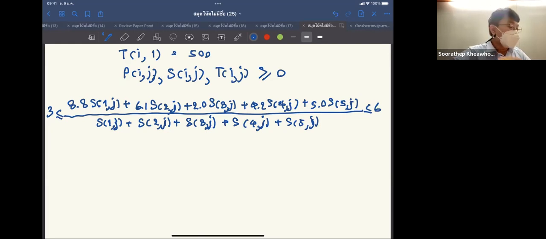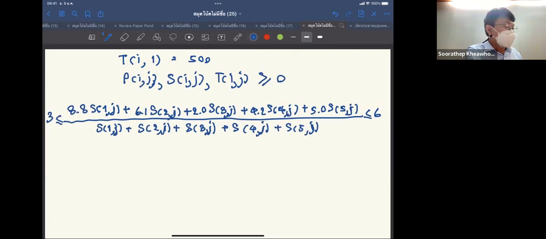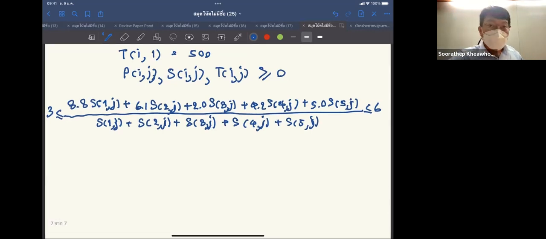The summation of the total amount is not 0 for sure, so we can multiply by the denominator S1J plus S2J plus up to S5J.